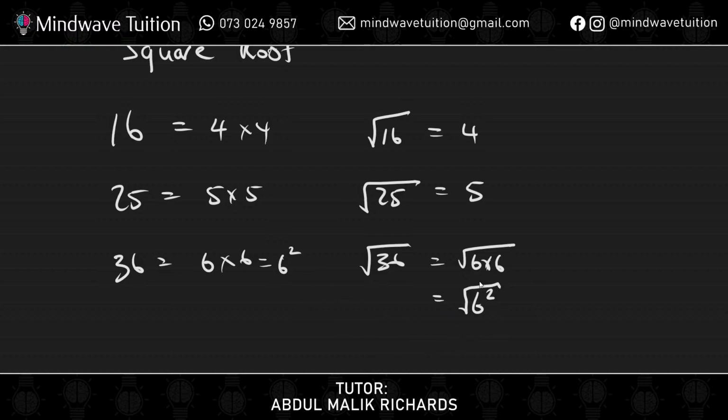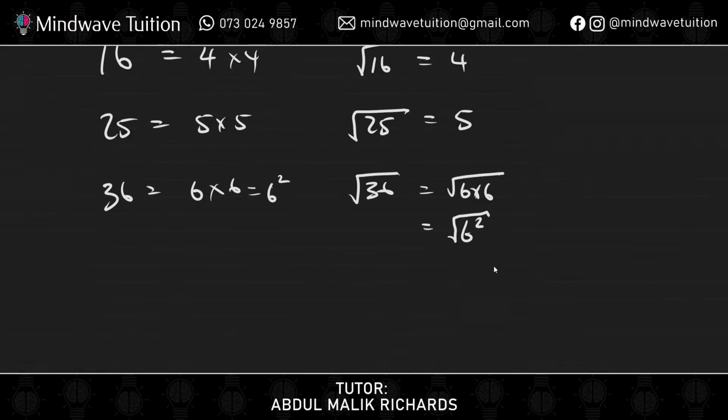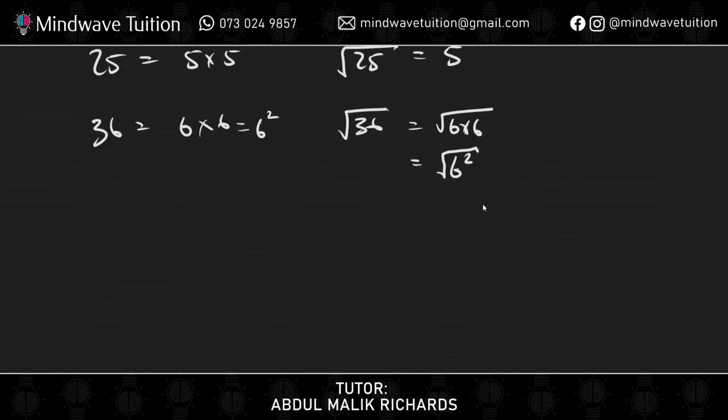Now, as I said, a square root and a square are opposites of one another. Opposites in math, or inverses, tend to cancel each other out. For example, plus and minus are opposites of one another. So if we have something like 3 minus 3, it's going to equal 0. Same thing over here. A square and a square root will cancel each other out, leaving you with the number 6.